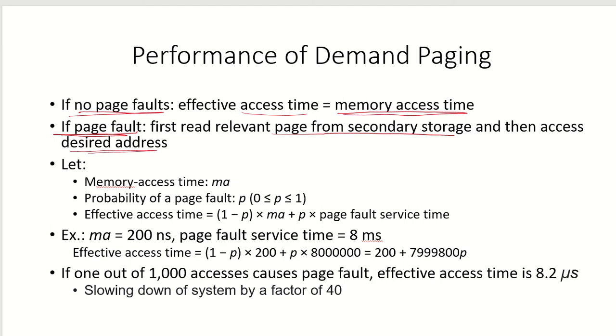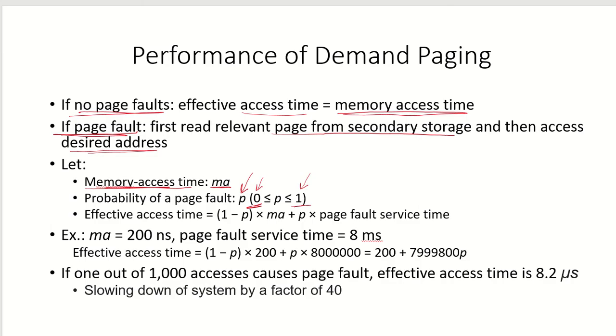Let's suppose the main memory access time is MA, and the probability of a page fault is P, and this probability can be between 0 and 1. If the probability is 0, there are no page faults, and if the probability is 1, every reference is causing a page fault.